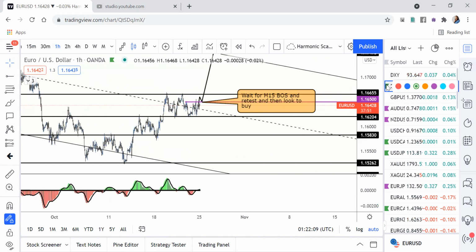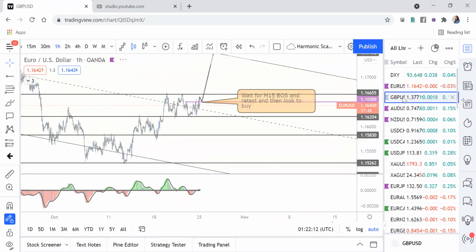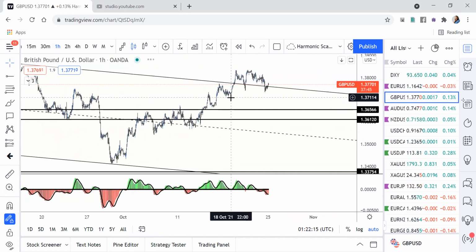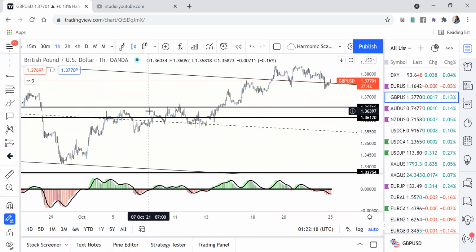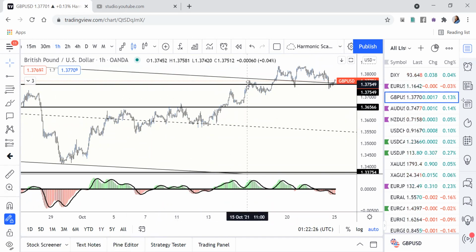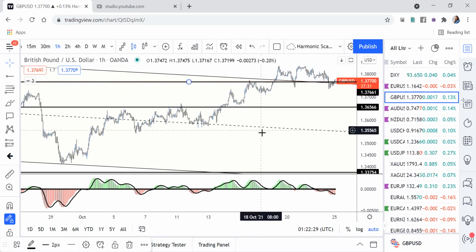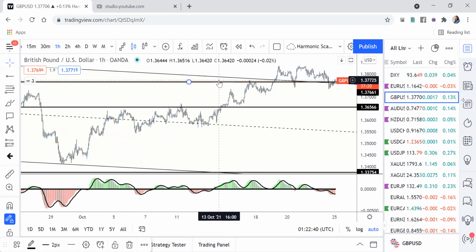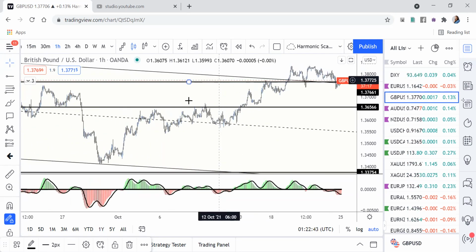Okay, so let's look at GU, see what's happening here now. All right, so what we had here, we had 1 hour, the 1 hour high over here breaking.